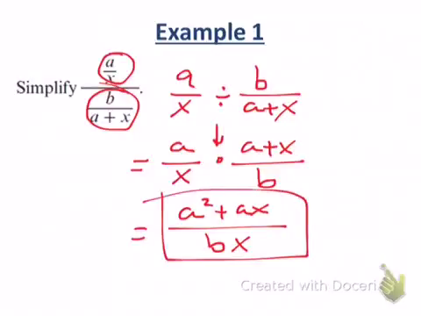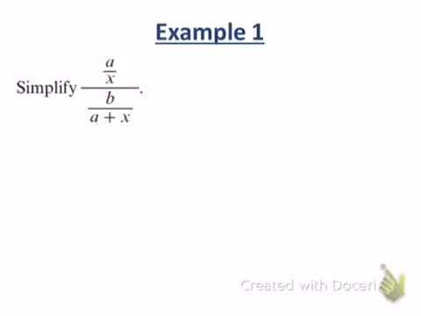So that is the simplified version of this complex fraction. Your goal when you're simplifying complex fractions is to make sure you don't have any complex fractions in the end. This is not a complex fraction. It's just one fraction. It's not a fraction within a fraction.